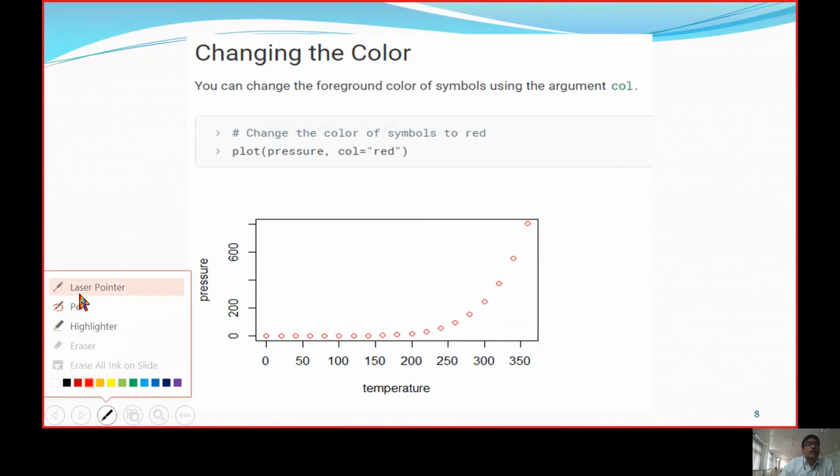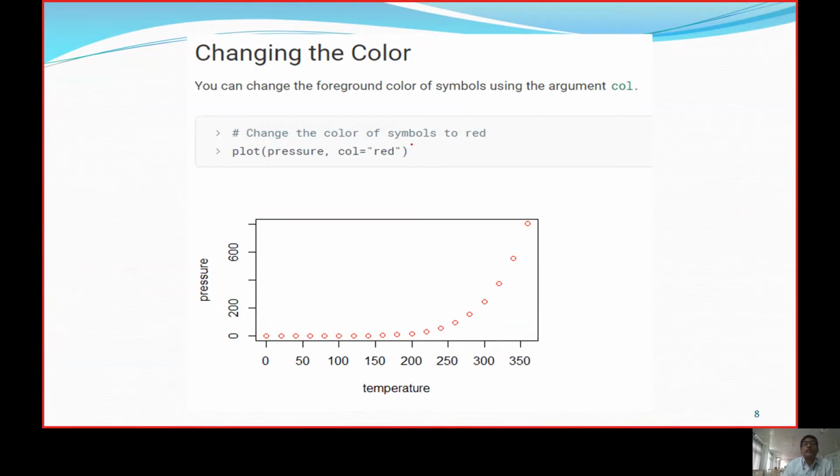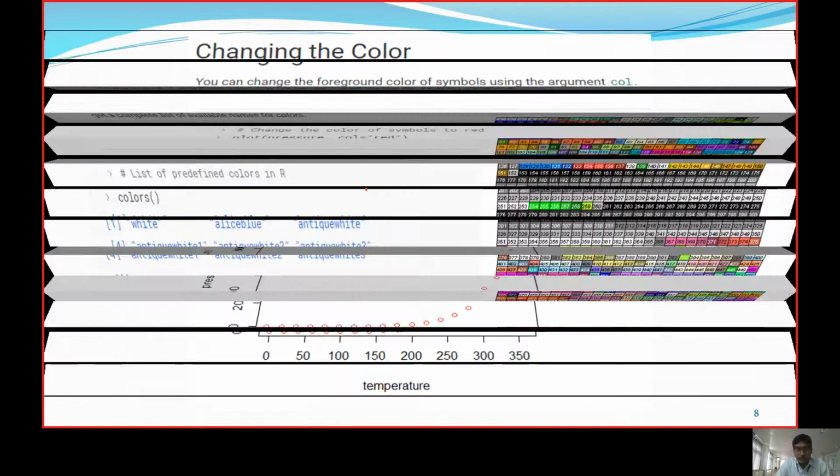Next one was whether to give the color to that character. We mentioned color, so obviously this was displayed as a red color since we mentioned it as a color there.